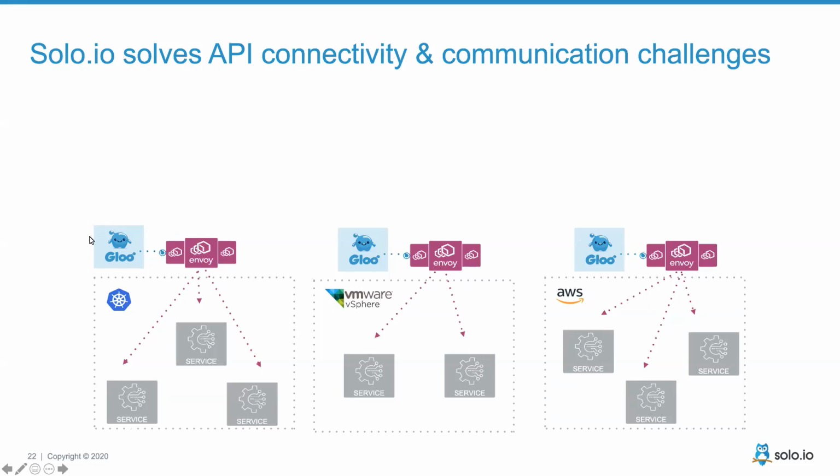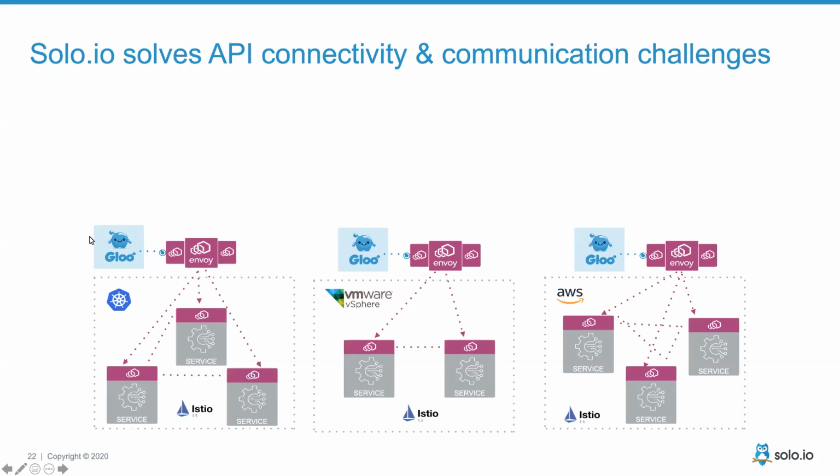Now, that solves sort of the boundary problems, and you're going to have boundaries everywhere. But that doesn't solve the service-to-service communication challenge. So, in that model, you would use a service mesh and use something like the sidecars that get deployed with the service mesh to handle those east-west traffic concerns.